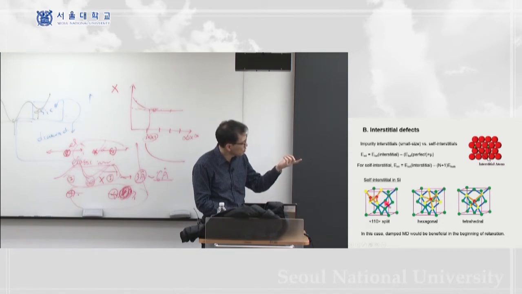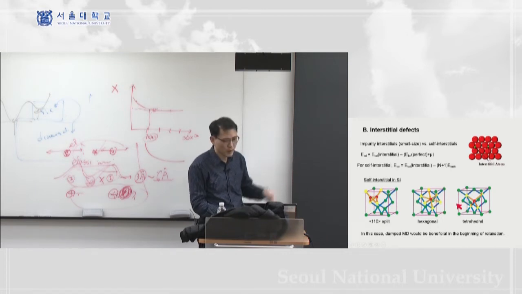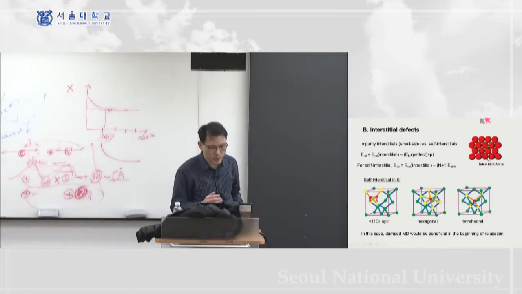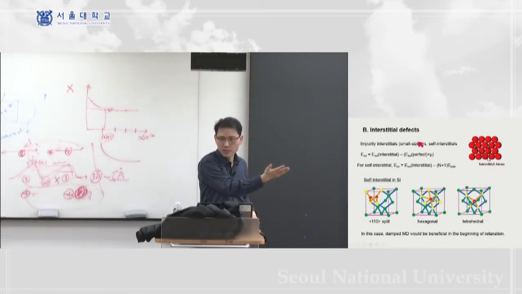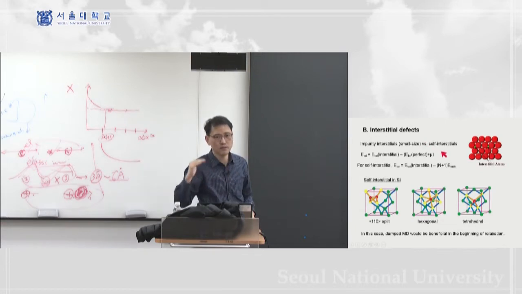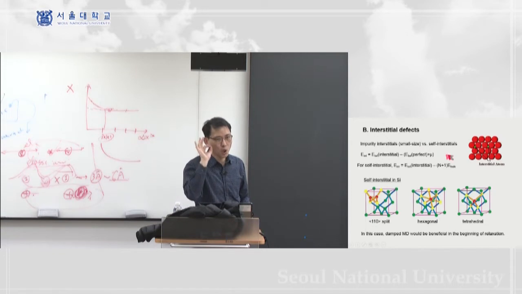This is a hexagonal site, and this is a tetrahedral site. So we have to try every possible type of defect, compare the formation energies, and decide which one is the most stable, with the lowest formation energy.